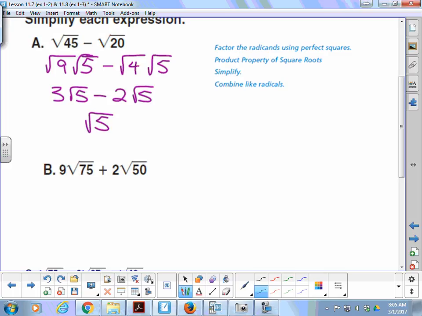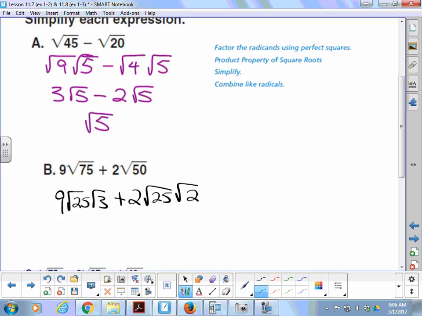So we have 9 square roots of 75. 25 is the largest square that goes into 75, so this is 9 times the square root of 25 times the square root of 3. Plus, the largest square that goes into 50 is also 25. So 2 times the square root of 25 times the square root of 2.